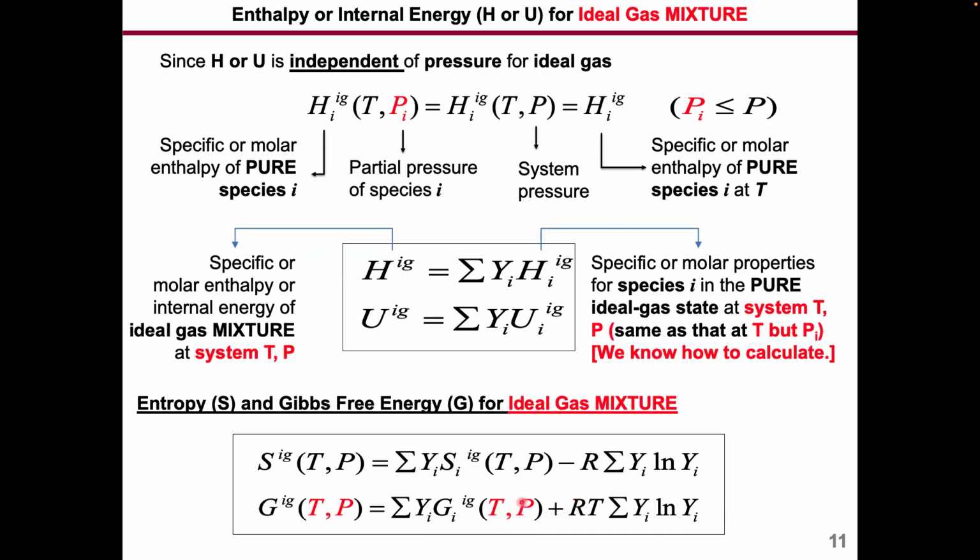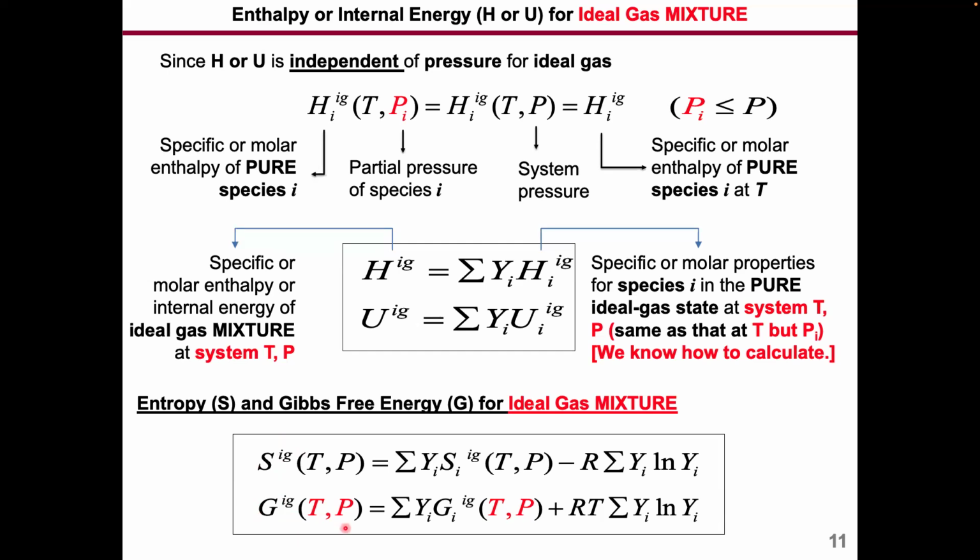But in order to account for the partial pressure difference, the difference between P and P_i, you need to have some deviation, right? So the deviation is going to be plus RT summation y_i ln y_i, okay? Now, if you are interested in how we get these equations, you can read the additional slides, but this is how you calculate the mixture entropy and mixture Gibbs free energy, okay?